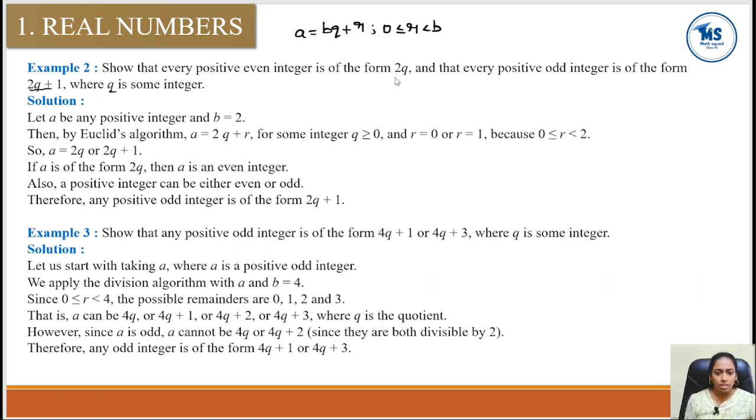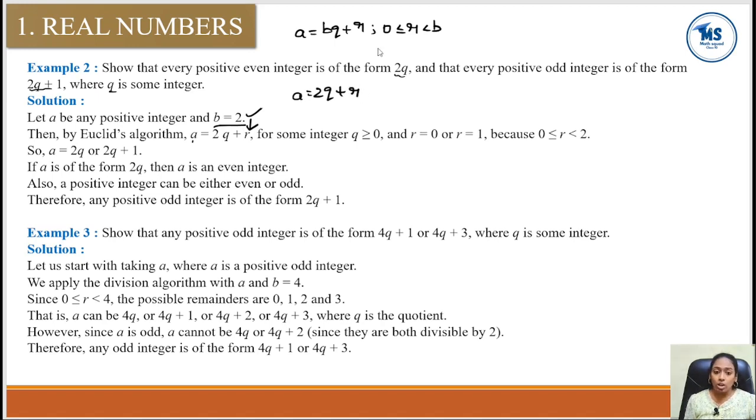Here, if you observe, this is in the form of bq and bq + 1. So I'll start like this. Let a be any positive integer, and suppose b = 2. Then applying Euclid's lemma, a = bq + r becomes a = 2q + r.